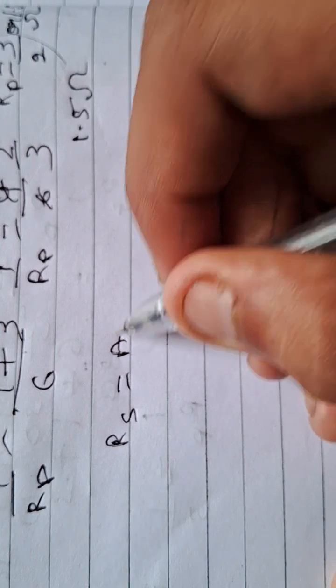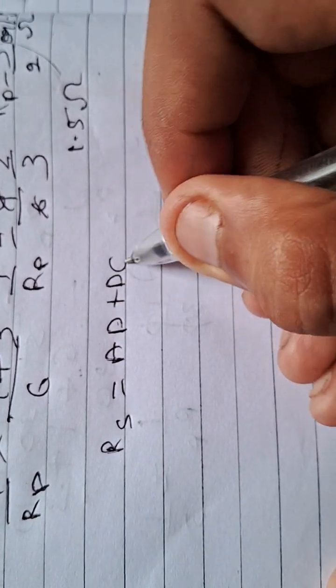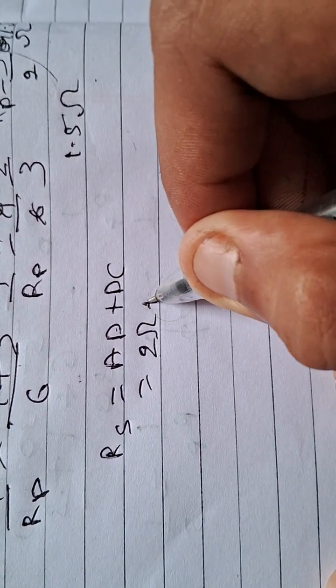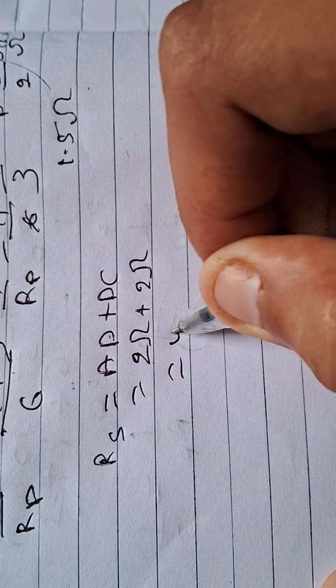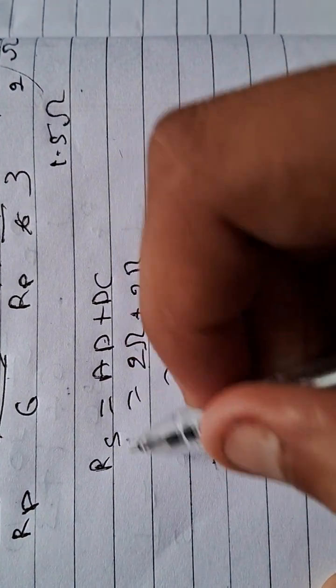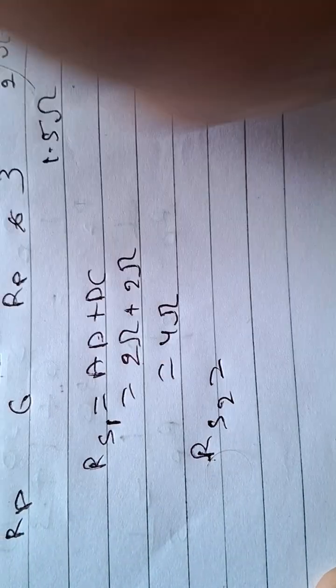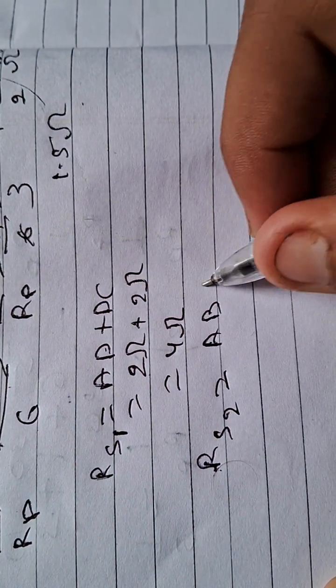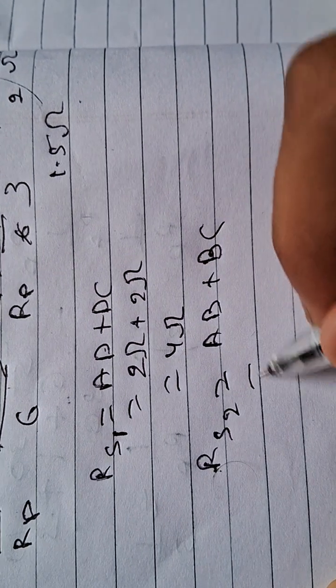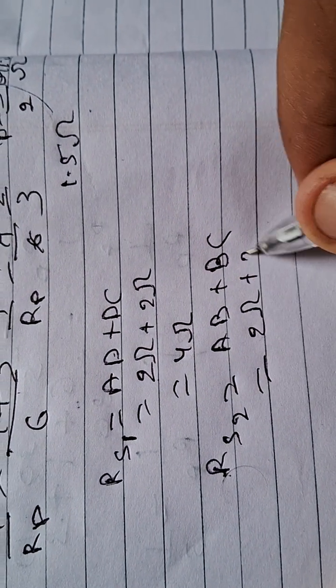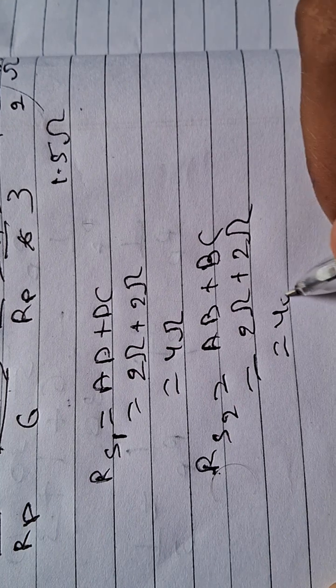So let us add. RS is equal to AD plus DC. So 2 ohm plus 2 ohm, we got how much? 4 ohm. Now we consider RS2, AB plus BC, again 2 ohm plus 2 ohm, which is equal to 4 ohm.